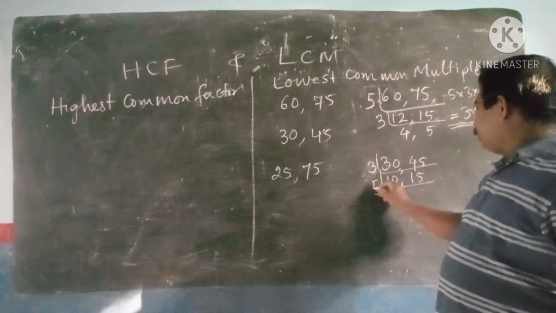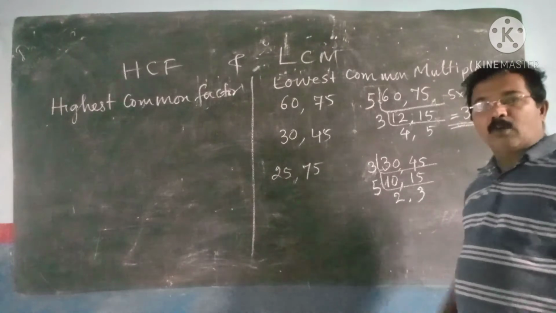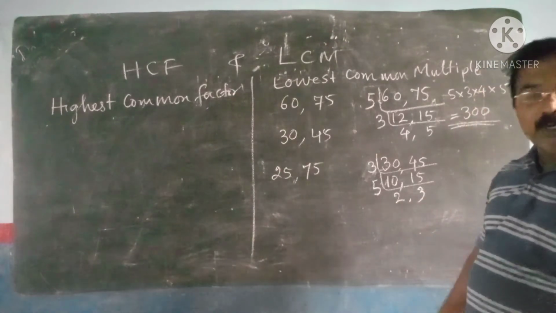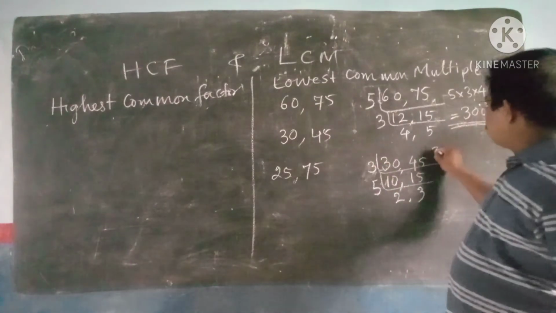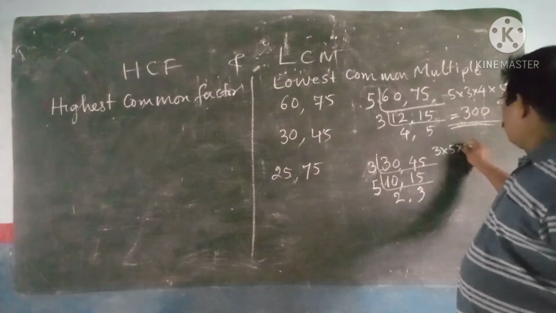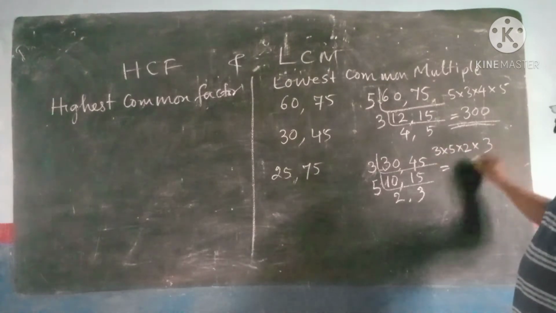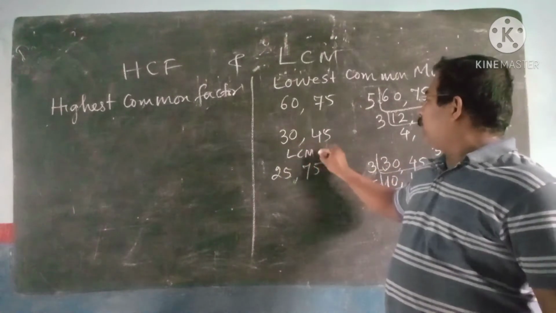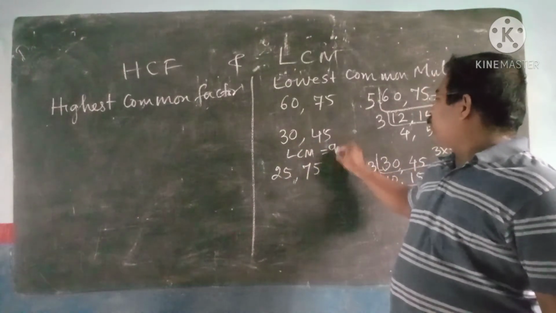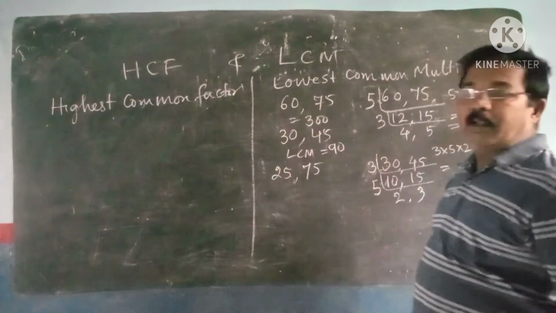Again by 5: 2, 3. Now there is no common factor of 2 and 3, so we cannot divide them. So we multiply 3 into 5 into 2 into 3, and the LCM is 90. The LCM of 30 and 45 is 90, and of 60 and 75 is 300.